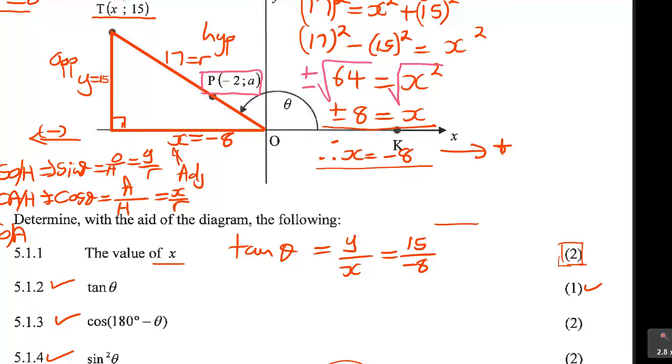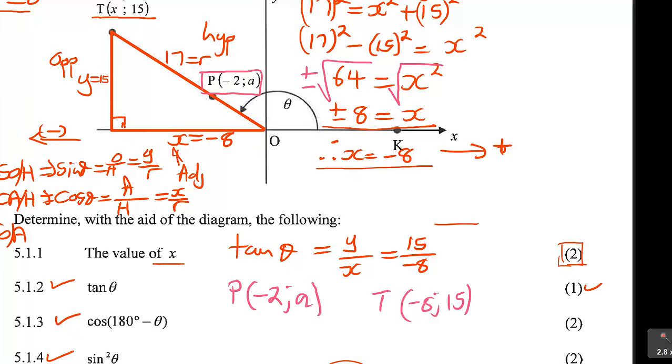remember, let me use P here to say my P is equal to minus 2, a, and let me write my T is equal to x and 15. But remember, I know my x now. My x actually is negative 8.